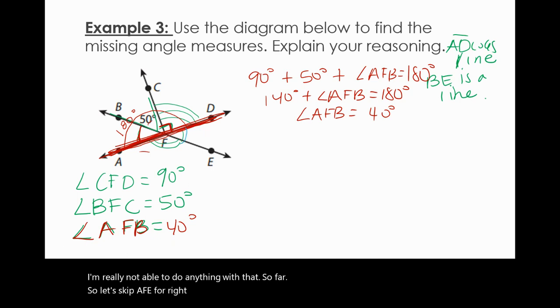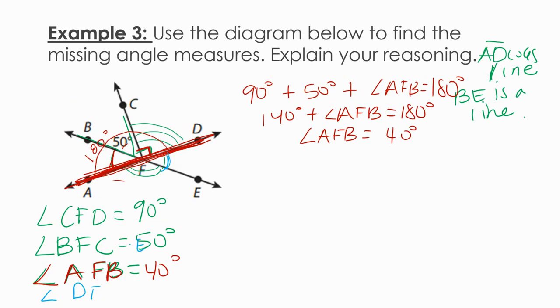Let's see if I can find this one here. Can I find angle DFE? This one right here. Well, if I know this is a line and I know this is a line, if I hone in on that, do you see the X that I'm creating here in blue?